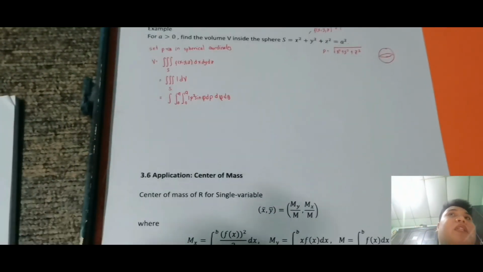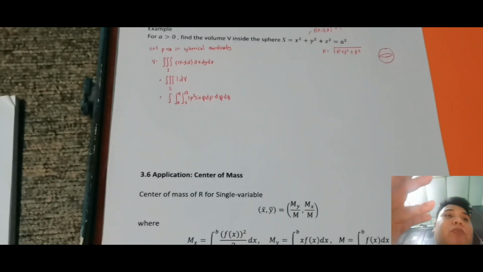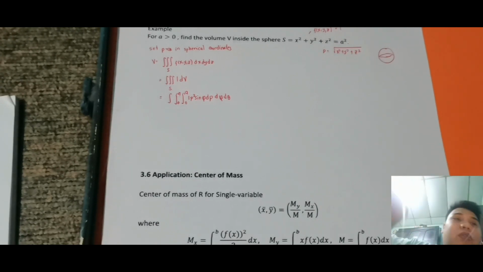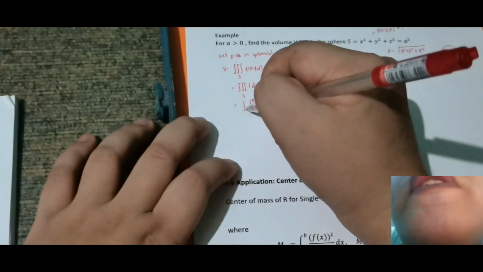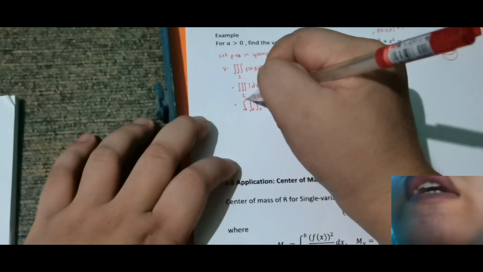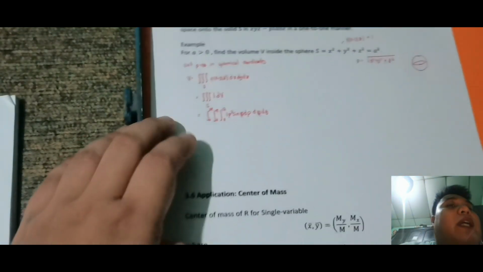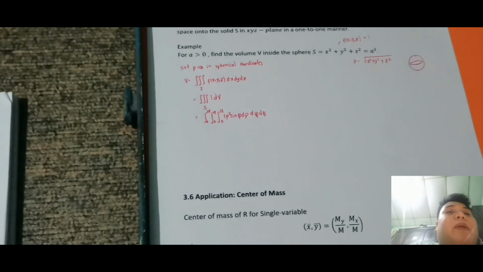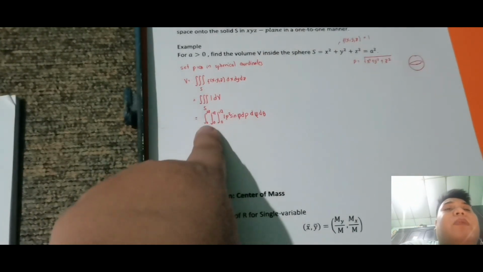Ang buong revolution ay nasa theta pa rin. So, this is 0 to 2 pi theta. So, ang tanong, sir, lagi po bang ganyan? Yes, lagi naman ganyan dito. So, again, 0 to 2 pi, 0 to a.